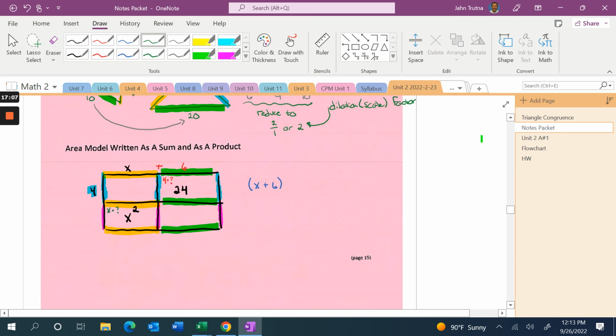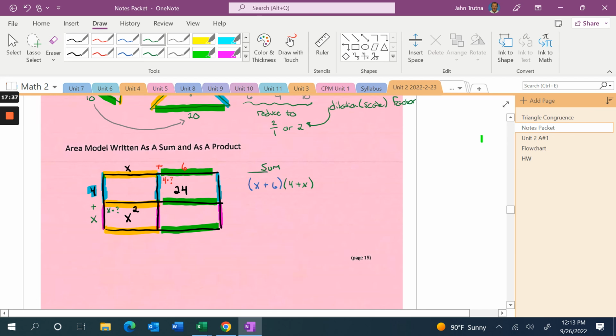So the yellow part times the purple part is that question mark. What would give me x squared? Well, that would be x. Okay, and since it's a positive x, it means my side length is represented by 4 plus x. Okay, so the top portion length is x plus 6. The side is 4 plus x, and remember, that right there is what we represent.